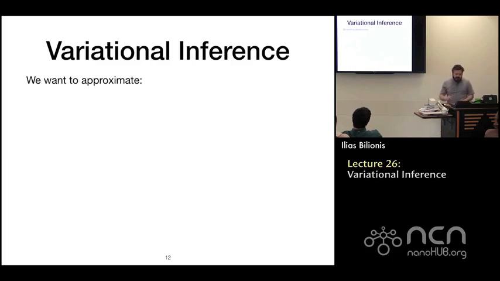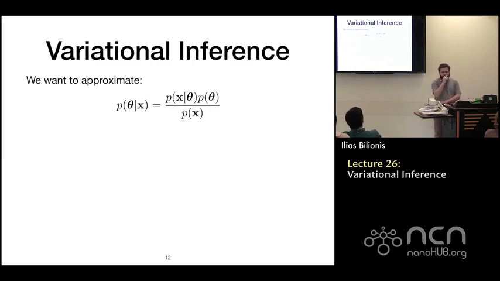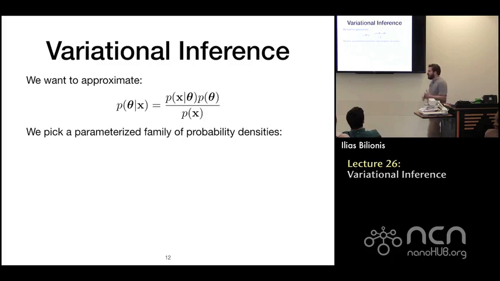So here's the idea. We want to approximate the posterior, okay? And what we're going to do is pick a family of distributions within which we're going to approximate the posterior. So we say we don't really know what the posterior is. Okay, it could be any distribution, but let's parameterize it.